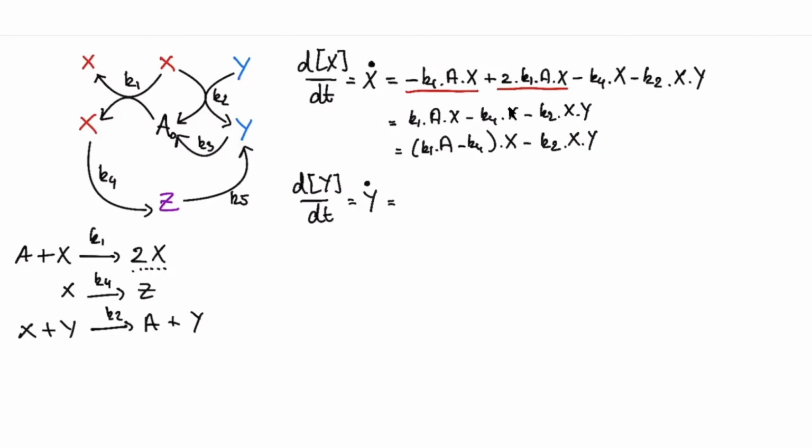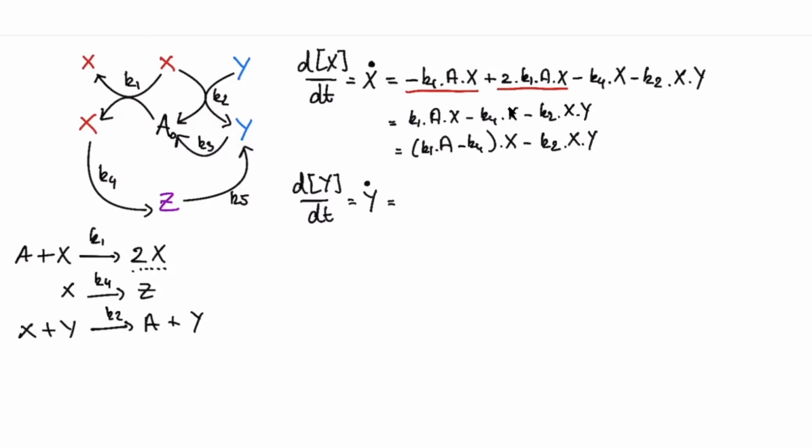So if we write that, just for fun, it would be minus K2 times xy, but also plus K2 times xy. That's that top right branch. So that cancels out, so it turns out to be 0. I'm just not going to write it down, to save some space.